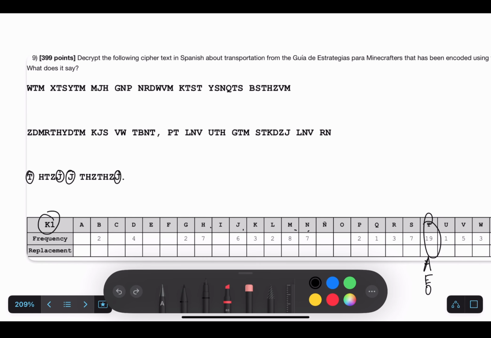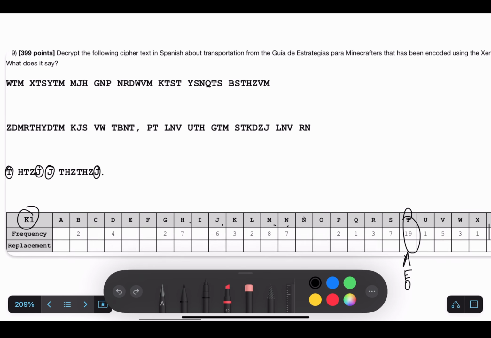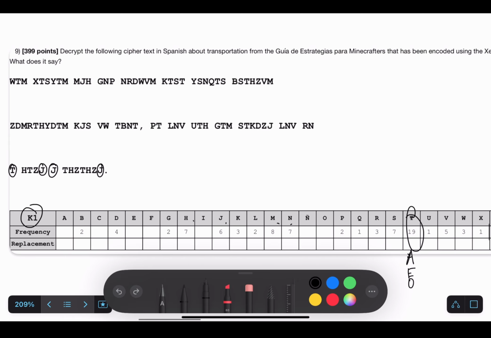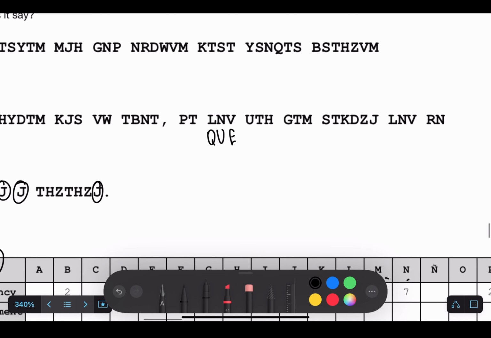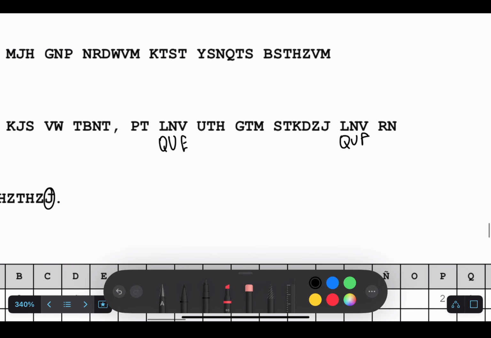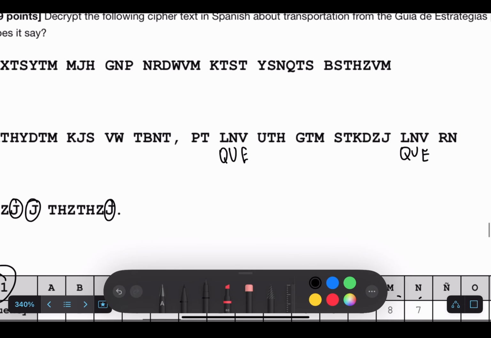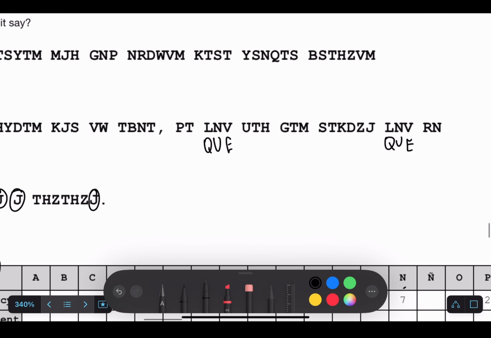L has a frequency of 2, which makes sense, N has a frequency of 7, which makes sense, and V has a pretty medium frequency as well, which makes sense. So this tells me that this may be gay, and I can keep this in mind as I solve throughout the cipher. I'm going to write down that this is gay, and just know it could or could not change in the future. Let's look at the other places where we see this kind of formation, where all my V's come together, where all my N's come together, and so on.